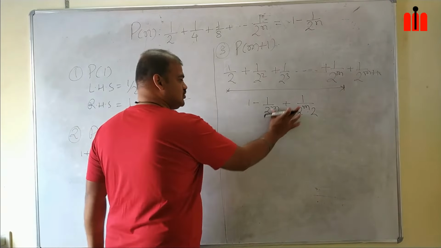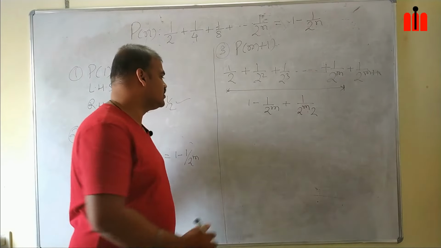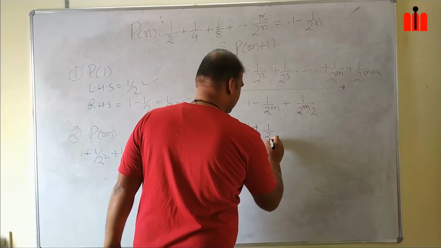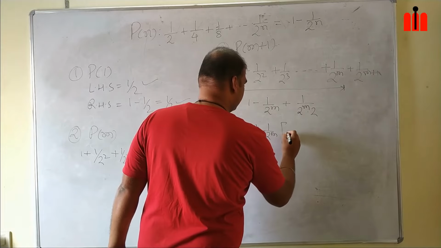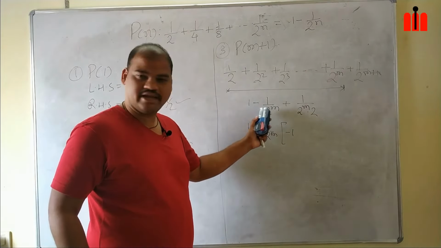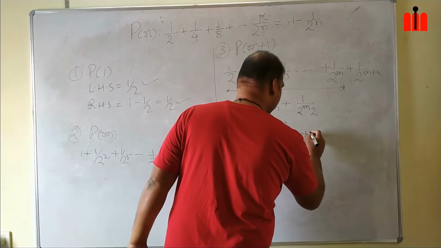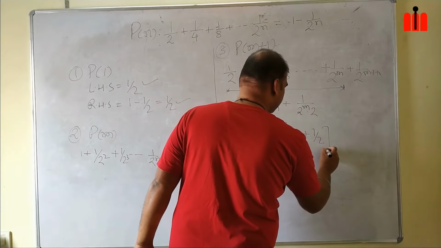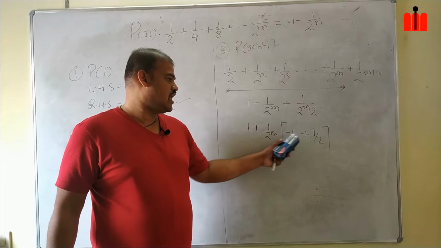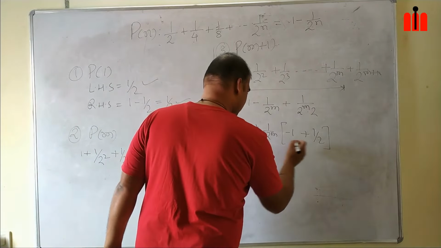Now from these two terms, 1/2^m is common. So let's take that common out: 1/2^m, and you will have −1 here, because there is a negative sign. Now here it will be 1/2. We perform this operation: 1/2 − 1 is −1/2.